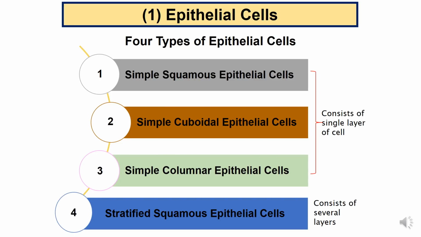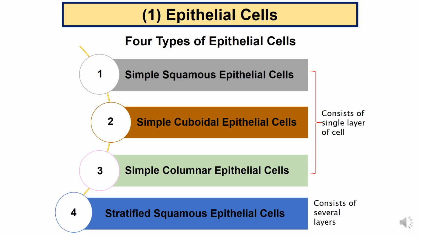The first type of animal cells or tissues is the epithelial cells. Basically, the epithelial cells are divided into two main types, which are the simple epithelial cells and the stratified epithelial cells.